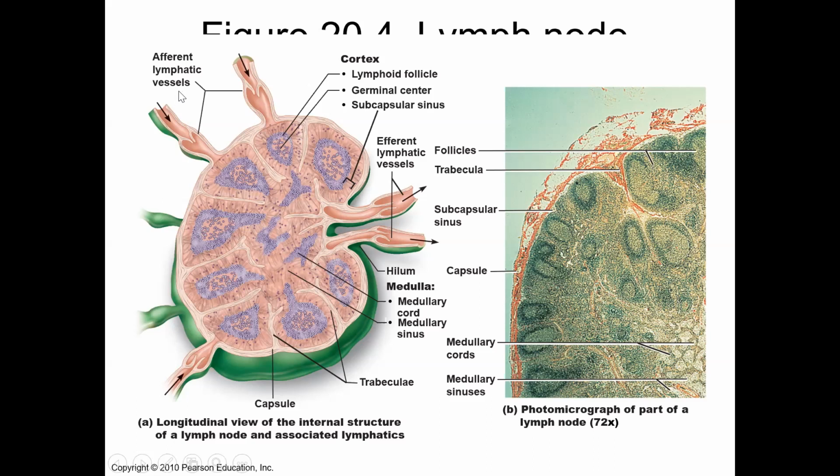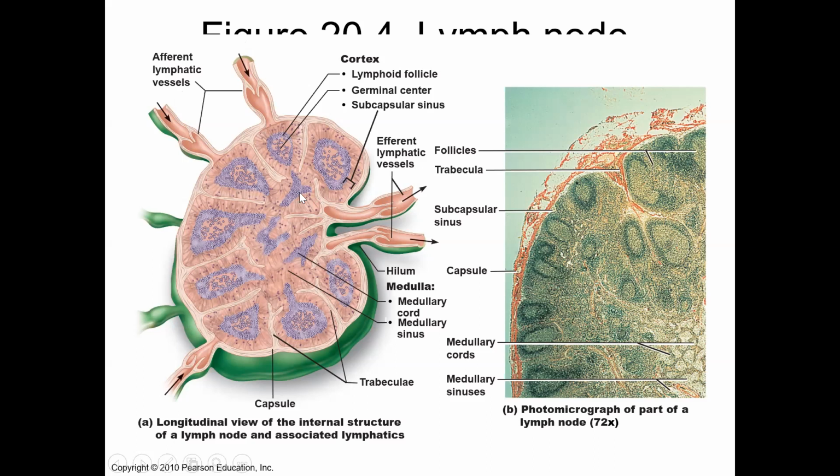Afferent lymphatic vessels bring the fluid to this lymph node, but only a couple of efferent lymphatic vessels allow this fluid to go out. So multiple ways coming in, but only a couple of them going out.